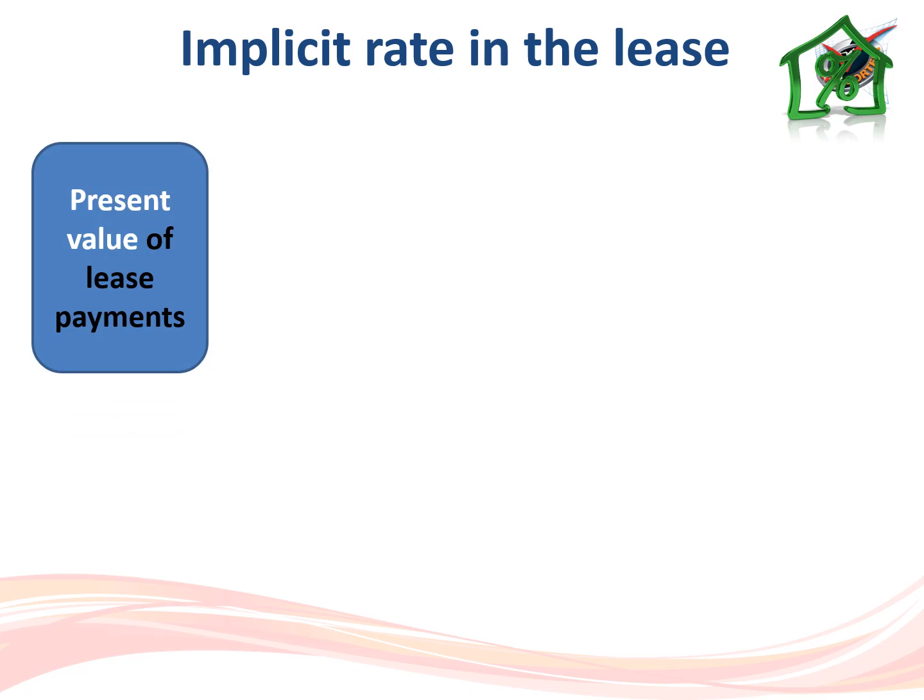So in terms of the calculation of the implicit rate of interest in the lease for the lessor, remember this is the rate at which the lease payments would be discounted for the lessor.